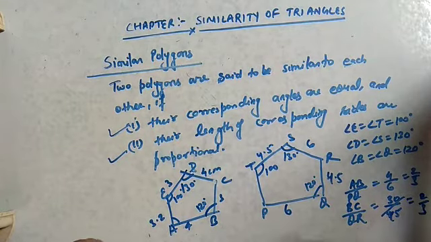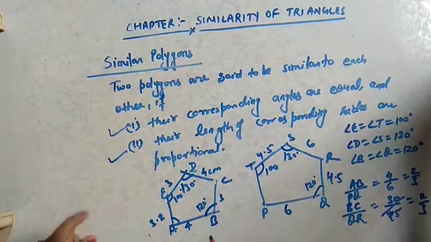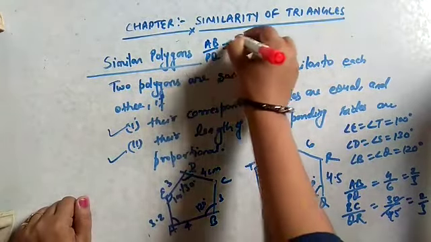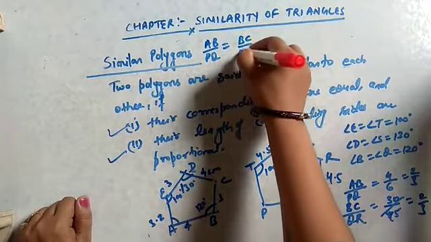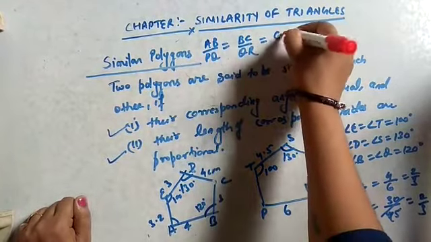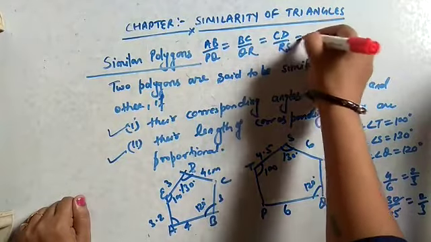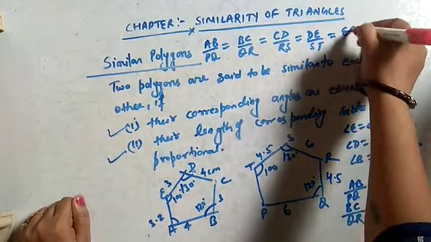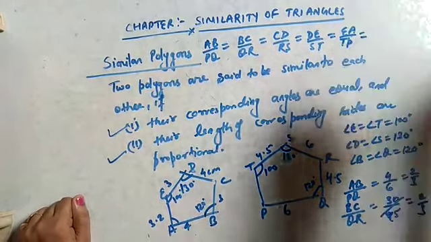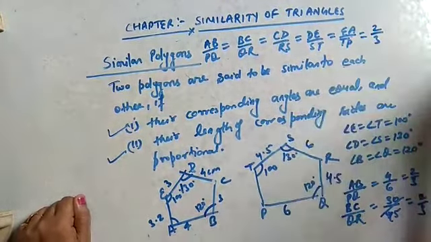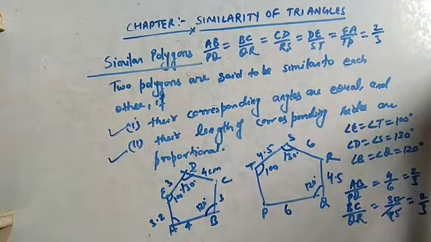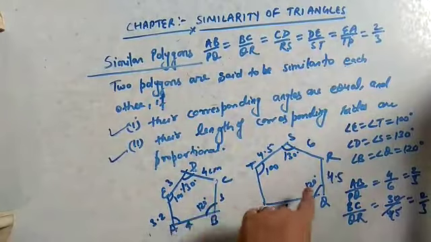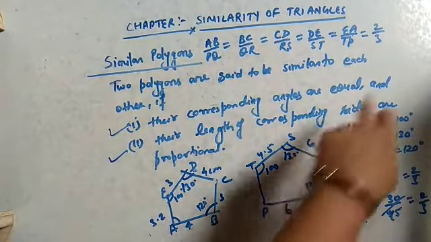In the same way, when we check all the sides, we will get AB by PQ equals BC by QR equals CD by RS equals DE by ST equals EA by TP. They all are equal to 2 by 3.